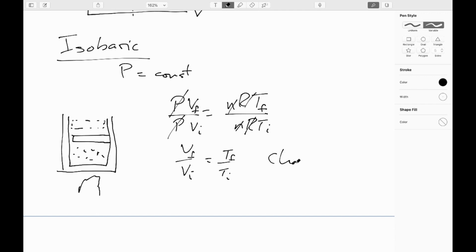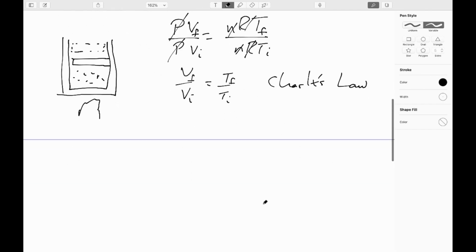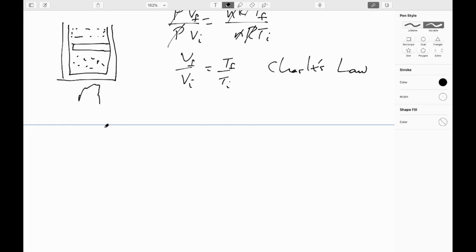This is Charles' law. Now, the PV diagram for an isobaric process is going to look like a horizontal line. So if it's an isobaric expansion, the line will be pointed to the right because the volume is increasing. If it's an isobaric compression, the line will be pointed to the left because the volume is decreasing.